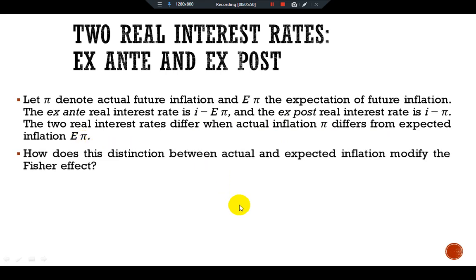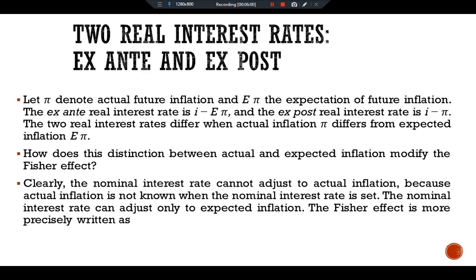How does this distinction between actual and expected inflation modify the Fisher effect? That is a more important question. Clearly the nominal interest rate cannot adjust to actual inflation, because actual inflation is not known when the nominal interest rate is set. The nominal interest rate can adjust only to expected inflation.